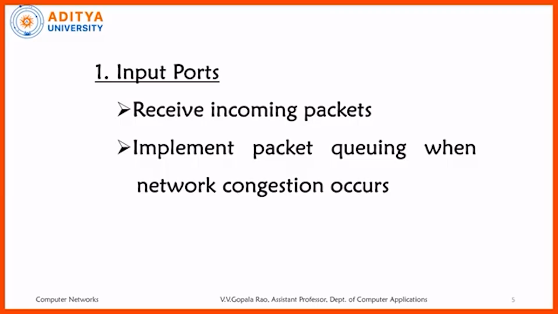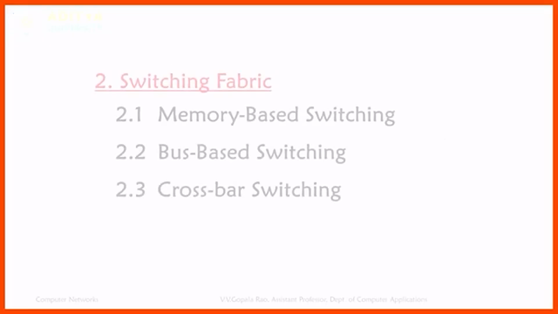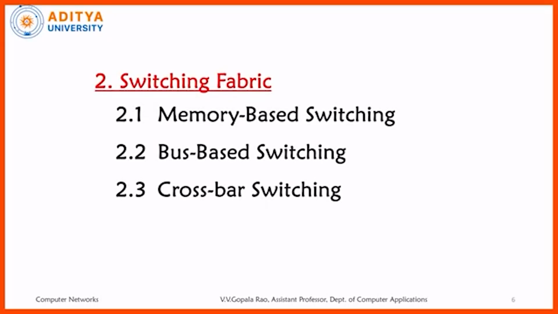So what is it actually going to do? And of course, the second component, as far as the major components of the router, is the switching fabric. There are two important things we are identifying here: switching and fabric. Switching is a concept by which a temporary connection can be established.